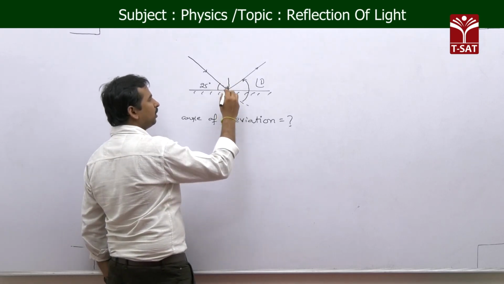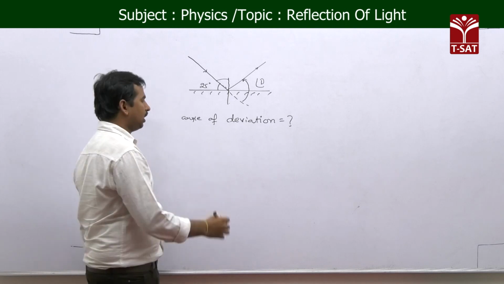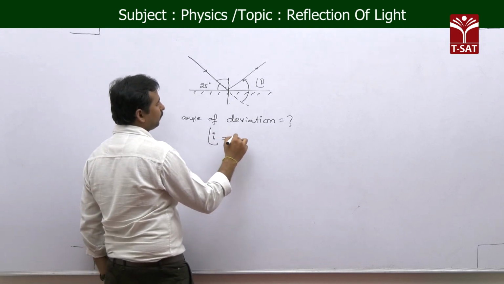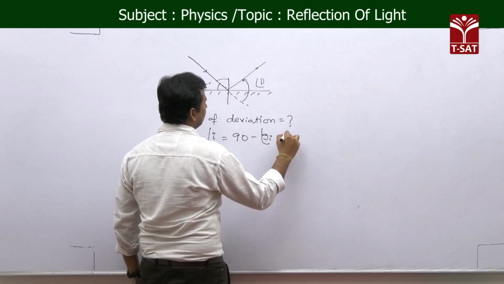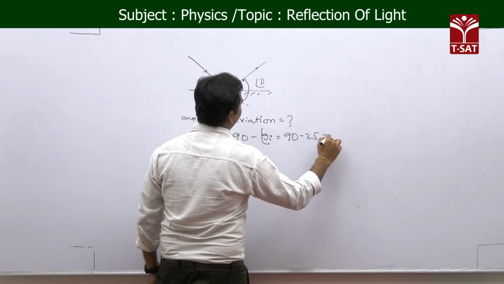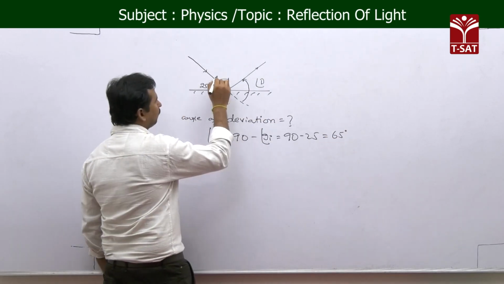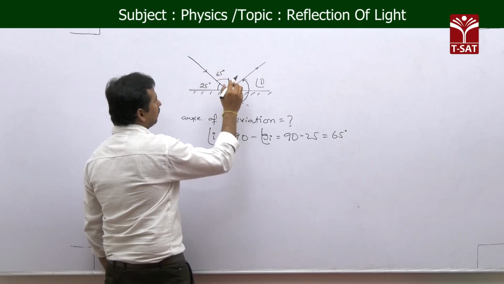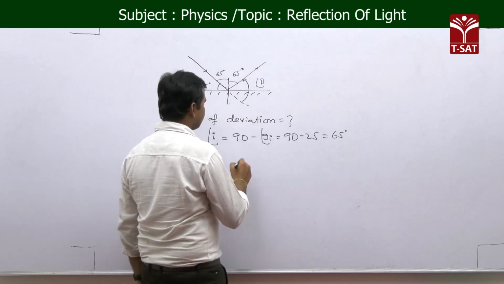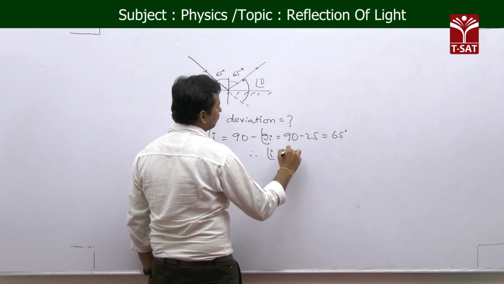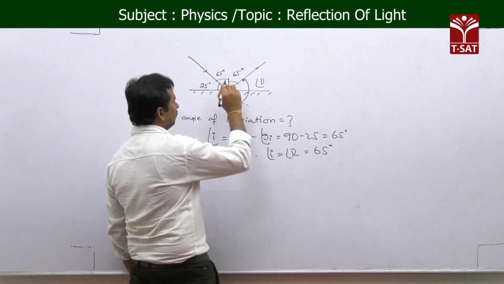If you take the normal, then the remaining angle becomes 90 minus the glancing angle. So the angle of incidence is 90 minus 25, which is 65 degrees. Then the angle of reflection also becomes 65 degrees, since angle of incidence is equal to angle of reflection.